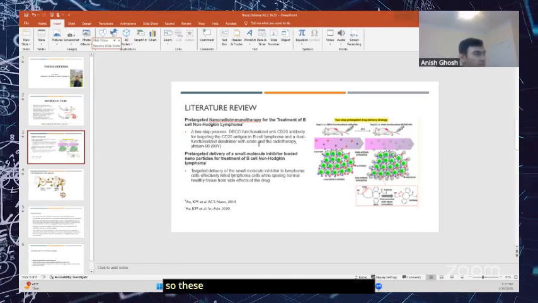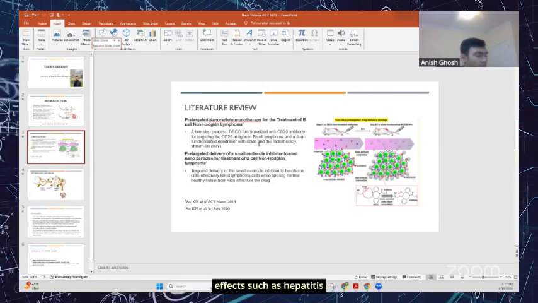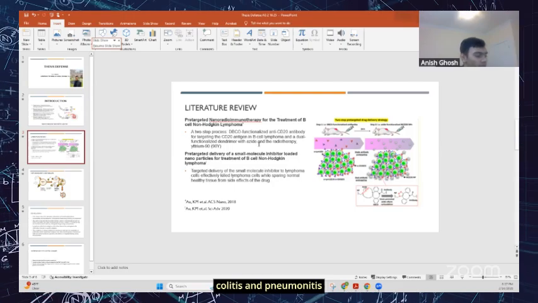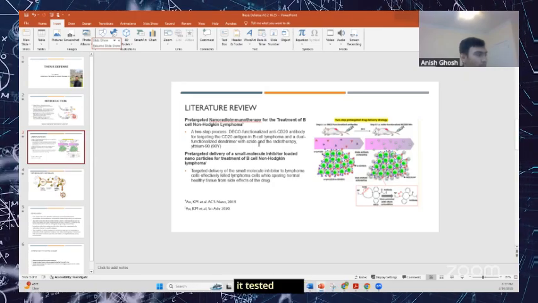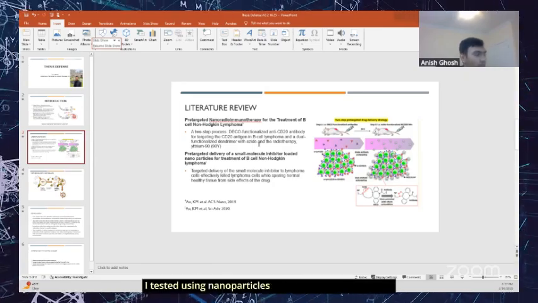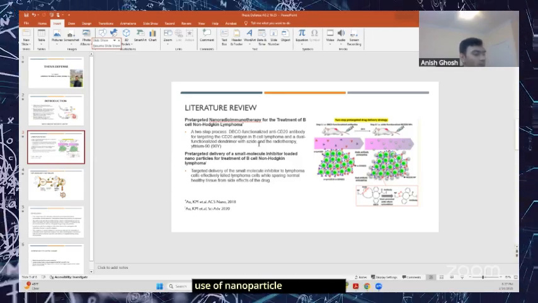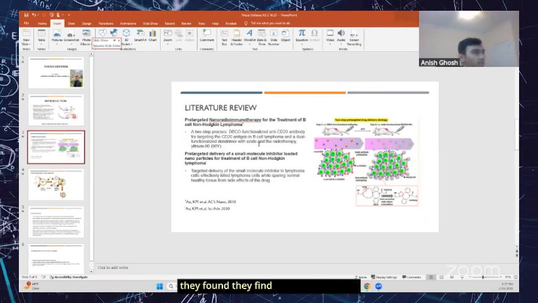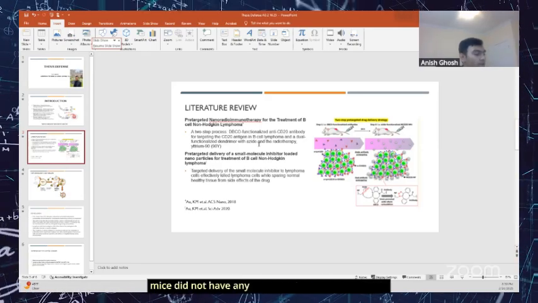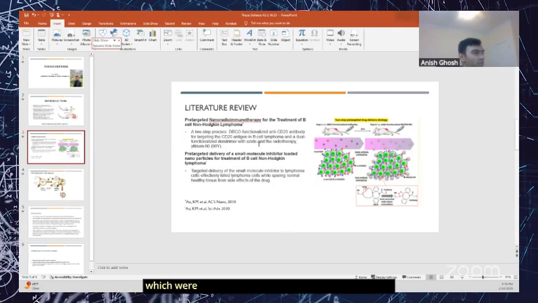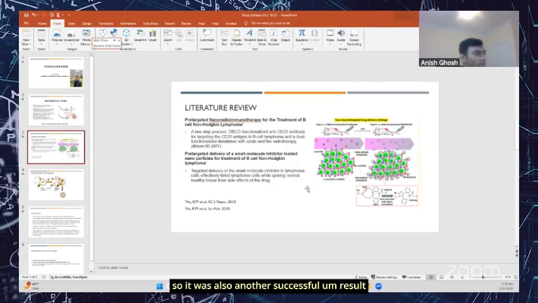So these small molecule inhibitors have led to effects such as hepatitis, colitis, and pneumonitis. This second paper tested using nanoparticles on mice, and with the use of nanoparticle formulations, they saw that the mice did not have any significant damage in the liver or kidney, which were the areas they were checking for damage. So it was also another successful result.